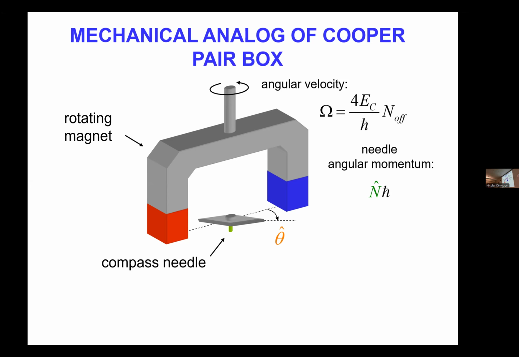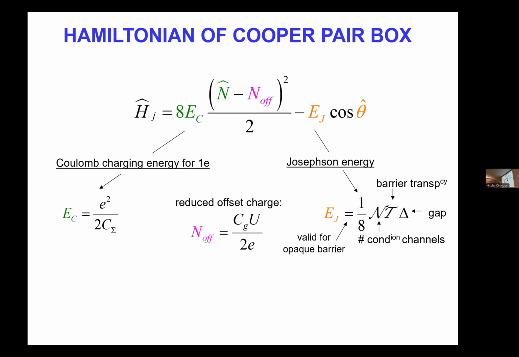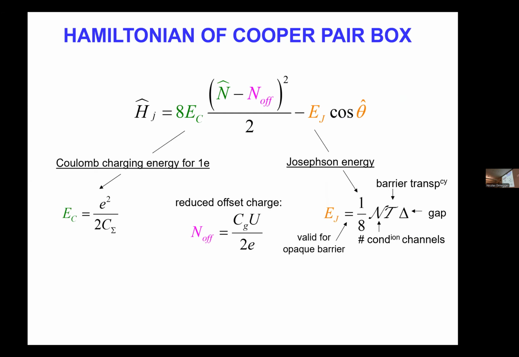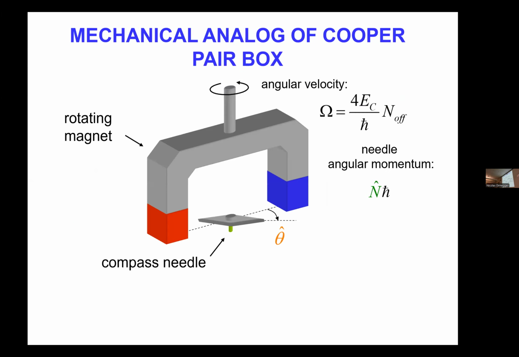The charge offset is something that is continuous, so n is an operator that can take only integer values. But this charge offset is just this gate voltage multiplied by this capacitance and divided by 2e. This variable is purely continuous, but this operator has only integer eigenvalues.